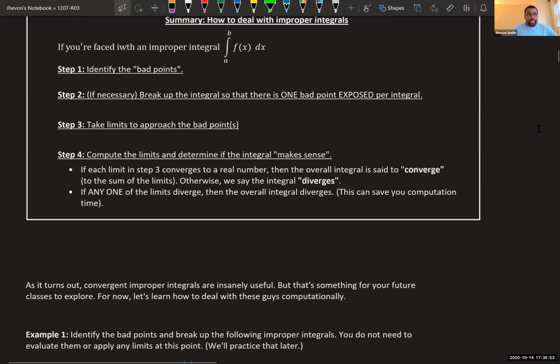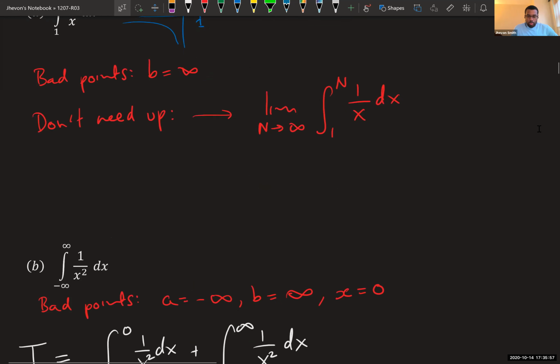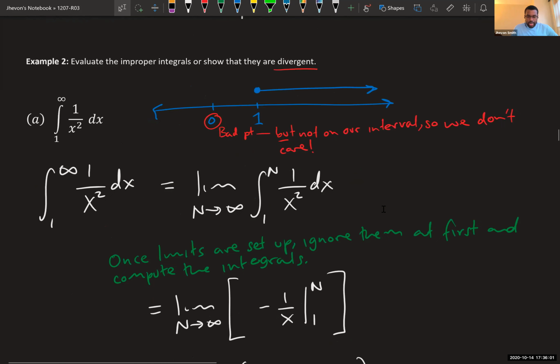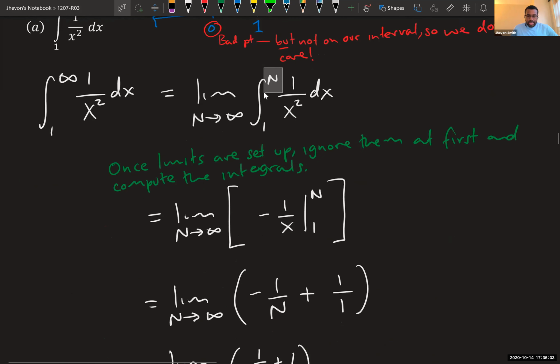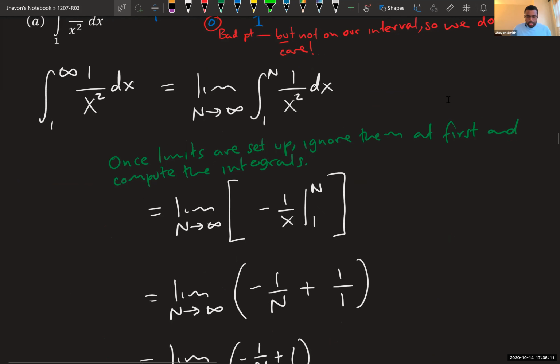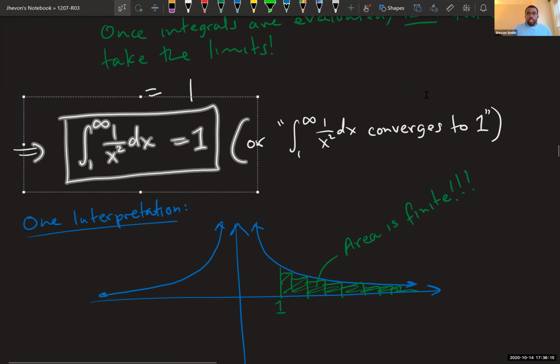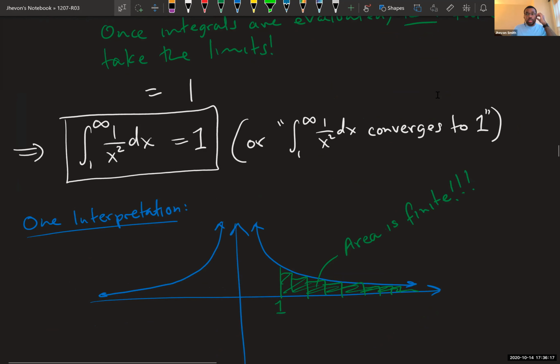We learned that we could compute integrals by integrating as we normally would, but replacing the bad points with just some numbers that we let inch closer and closer to the problem areas using limits. Ultimately, if all the limits converge to a finite number, we say that the integral converges.